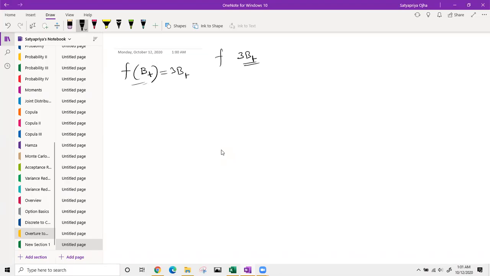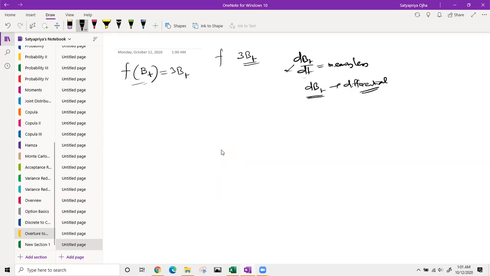Now, one thing we said is that the derivative with respect to time is meaningless. But that does not mean dB_t is meaningless. This is the differential, just a small increment. It is random, but it has meaning.